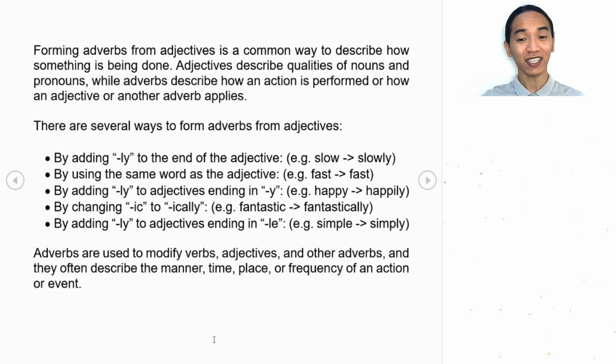By adding ly to the end of an adjective, by using the same word as the adjective, by changing y to i and adding ly to adjectives ending in y, by changing ic to ically, okay, and adding ly to adjectives ending in le. So don't you worry, as we go on with the lesson, we will be talking about each of these rules, okay? Now, adverbs are used to modify verbs, adjectives, and other adverbs, and they often describe the manner, time, place, or frequency of an action or event.